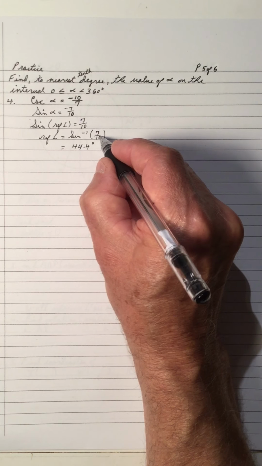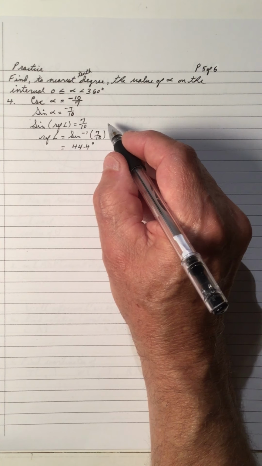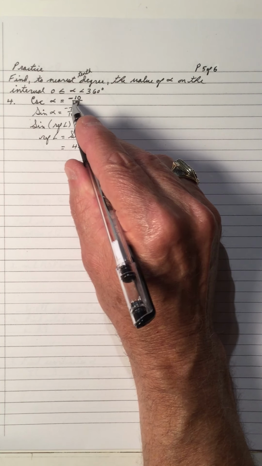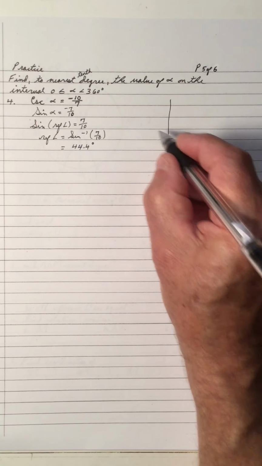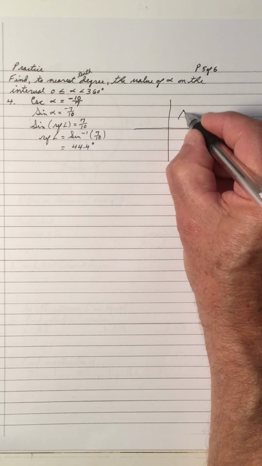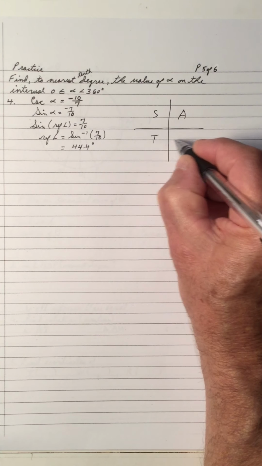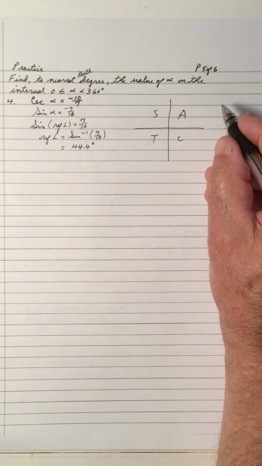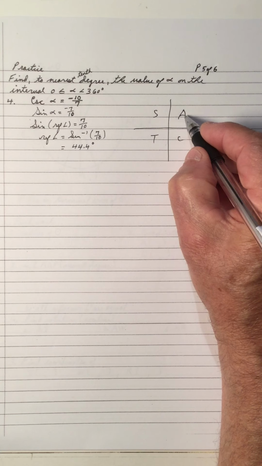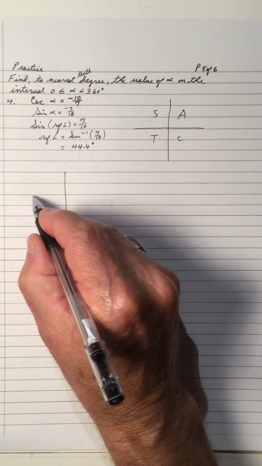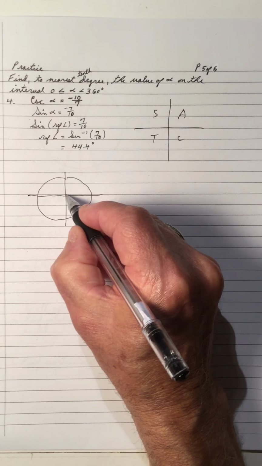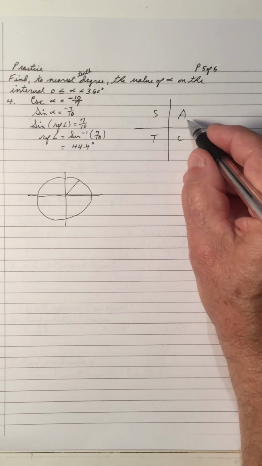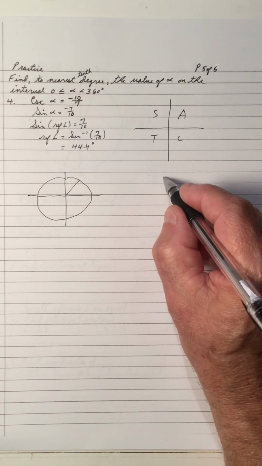Now that I have the reference angle, I've got to decide where cosecant is negative, where sine is negative. So I do add sugar to coffee. And sine is positive in quadrant 1, which is right here, and sine is positive in quadrant 2.